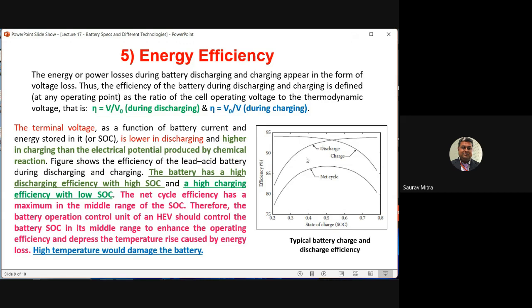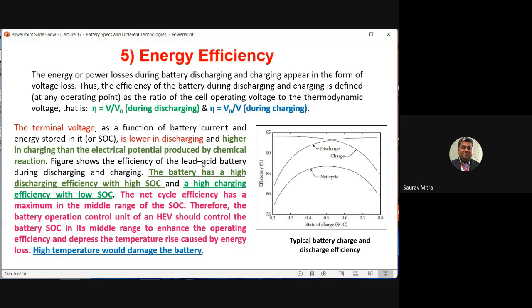If the battery is fully charged, look at the right side of the graph that is falling. Whenever the state of charge was 0.5, it was charging at a higher rate, but as the battery gets fully charged, with SOC going towards 0.8, you have to understand this graph properly.